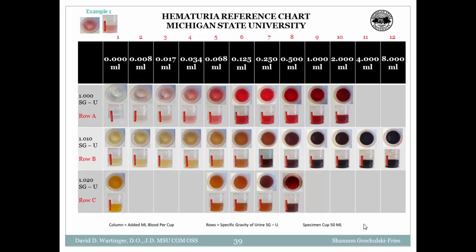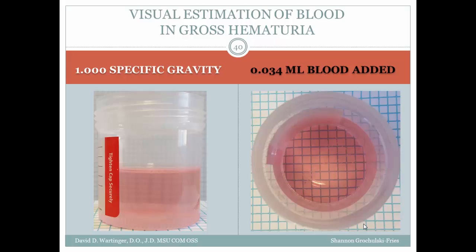The unknown patient hematuria specimen matches the hematuria reference chart for photographic pair specific gravity 1.000 urine with 0.034 milliliters added blood.